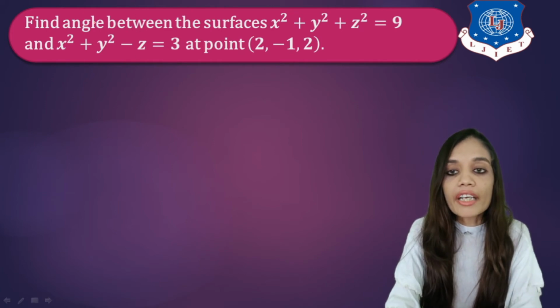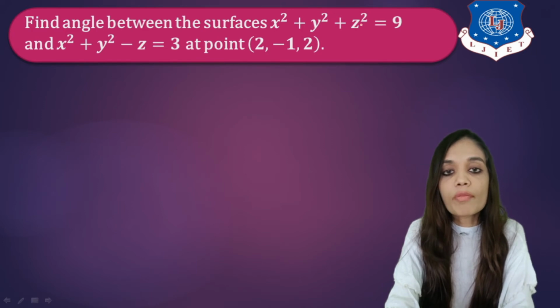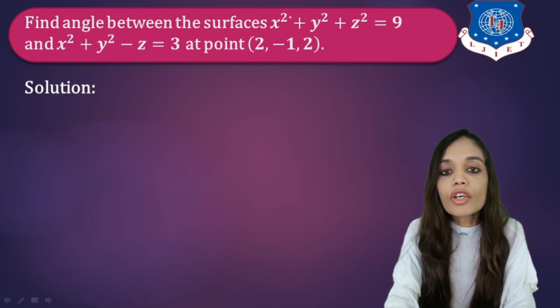Here we have to find angle between two surfaces x square plus y square plus z square is equal to 9 and x square plus y square minus z is equal to 3 at point 2 comma minus 1 comma 2. So firstly we will find the gradient of both the surfaces and then put the values in our formula.